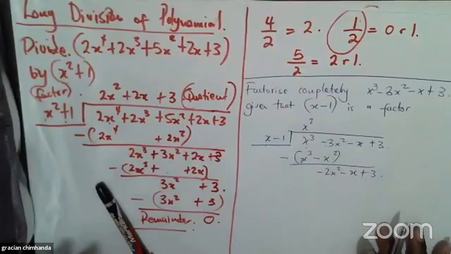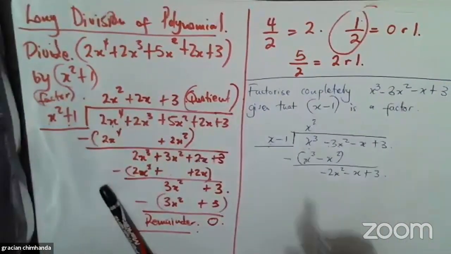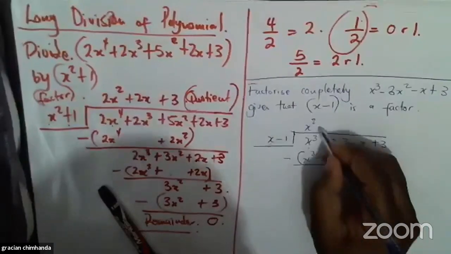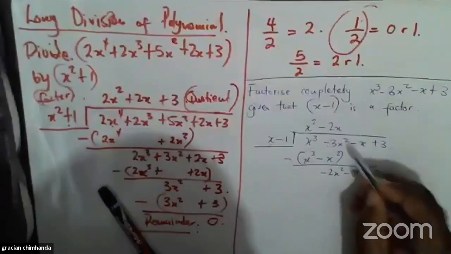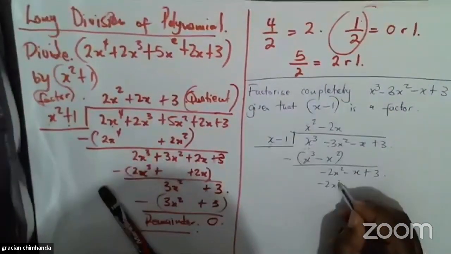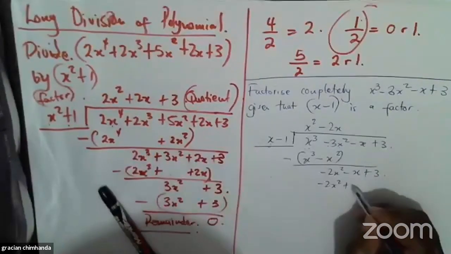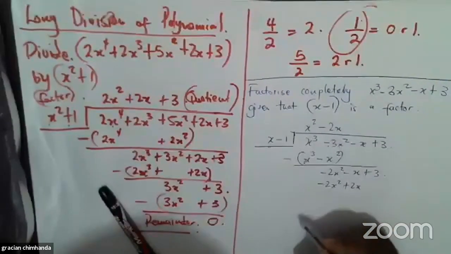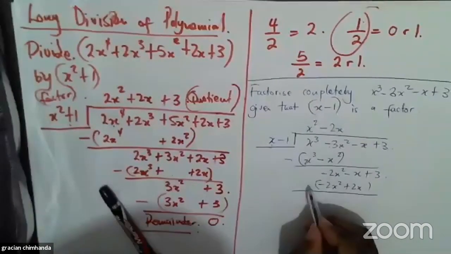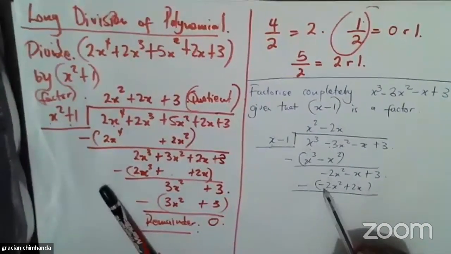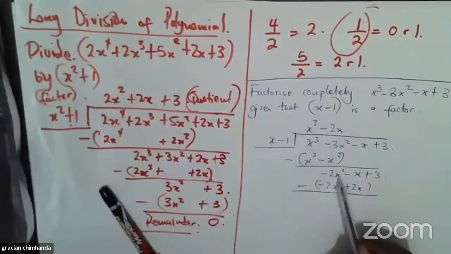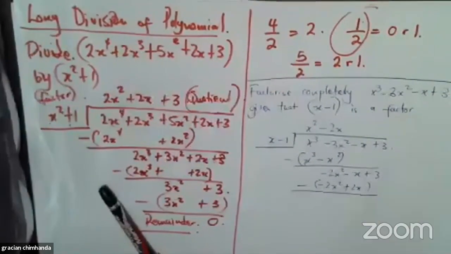Now we repeat the same process. X into minus 2x squared becomes minus 2x. Come back and multiply: minus 2x squared plus 2x. I always put a negative, so this negative will always give a positive to give us 0 for the leading variable.